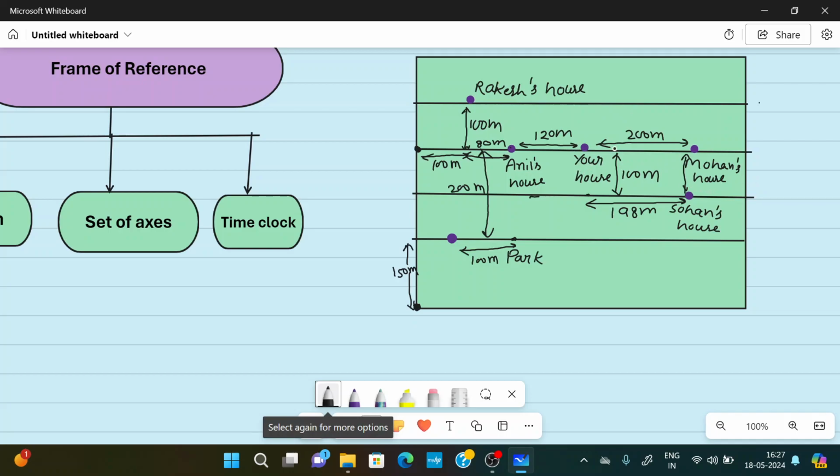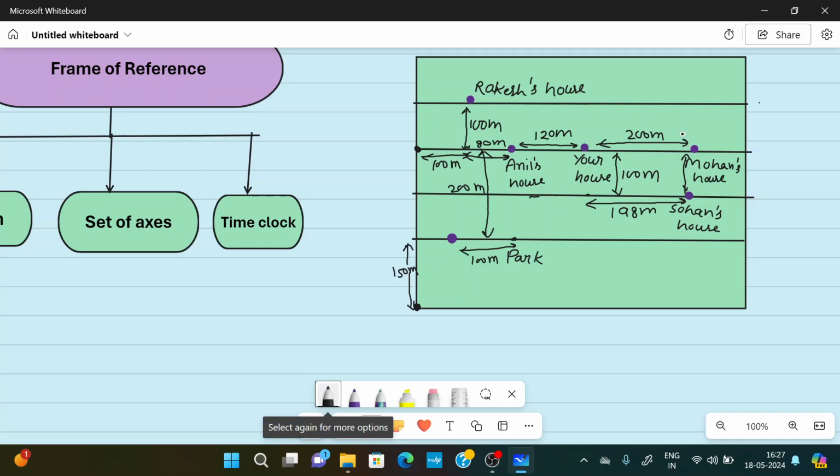Now when you are describing the position of your house by taking Sohan's house as the reference point, and two mutually perpendicular lines passing from Sohan's house as reference lines, one in the vertical direction and the other in the horizontal direction, then you will say that my house is 100 meters north and 198 meters left from Sohan's house.